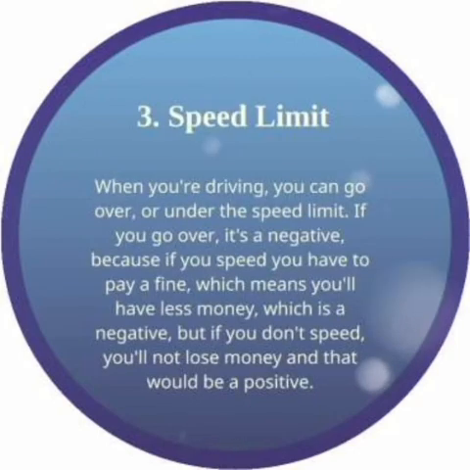Third real life example is speed limit. When you are driving, you can go over or under the speed limit. If you go over, it is a negative because if you speed, you have to pay a fine, which means you will have less money, which is a negative. But if you don't speed, you will not lose money and that would be a positive.